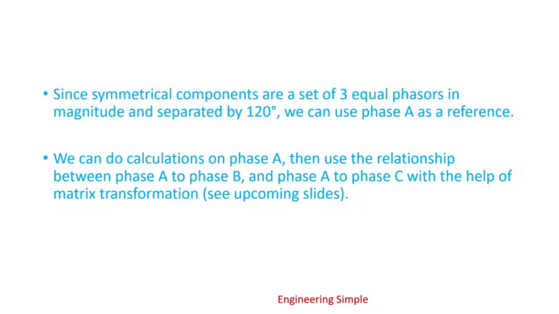And just keep in mind, if you're reading a textbook, typically you might see like 0 sequence current, for instance, positive sequence current, negative sequence current. But keep in mind, typically the subscript A is dropped. But just keep in mind that these are the symmetrical components of phase A. But if you want to use another phase, it's better to write it out.